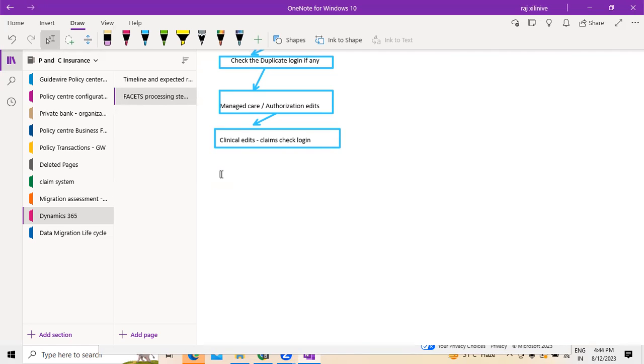For example, we have basic plans and premium plans, you know it, right? So for example, a person has taken a basic plan.